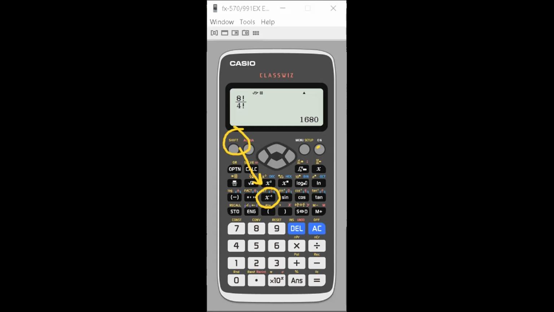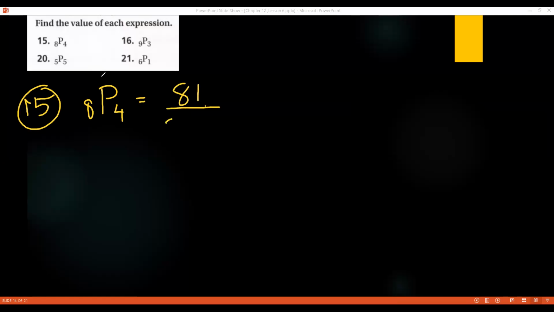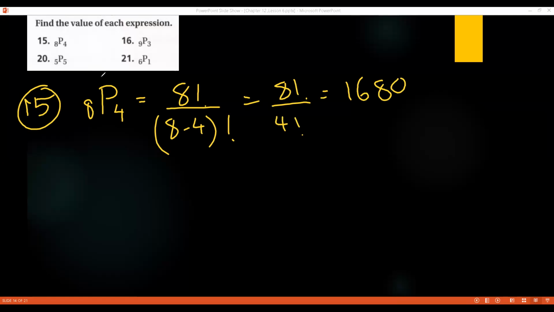Okay, let's now go back to our slides. Here you have number 15, the 8 from 4. So we have to say it is 8 factorial over 8 minus 4 factorial, 8 factorial over 4 factorial, which is 1680.